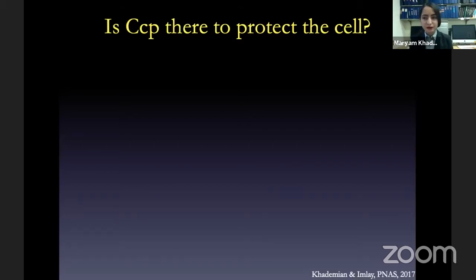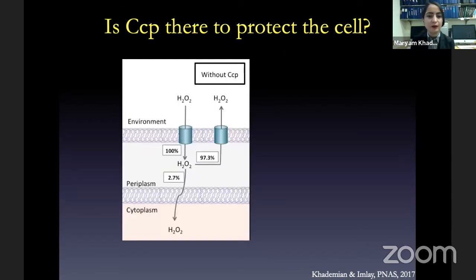We did a lot of different experiments, but I'll just show you one modeling that we did. In that, we used the transfer rates between the membranes and different scavenging rates for hydrogen peroxide.